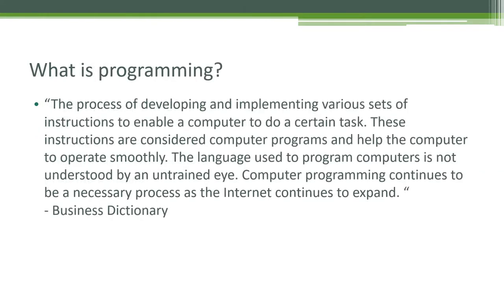So, what is programming? You can summarize it as someone creating a problem statement, breaking it into little pieces, and then translating that into things that the computer can do to get a desired result. The instructions are considered computer programs to help the computer operate smoothly. The language used to program is not understood by an untrained eye.